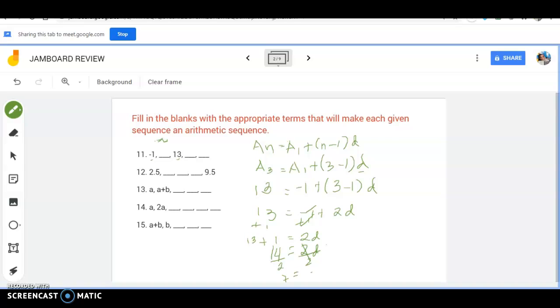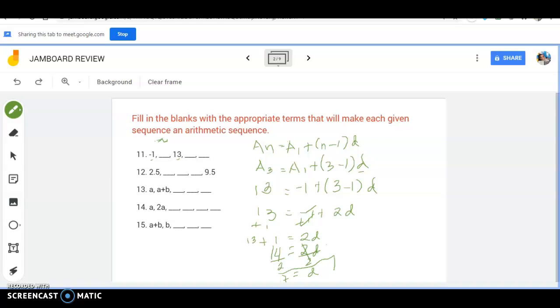Now, since our d has a value, this is the number we add to our first term to get the second term. So, we have now negative 1 plus 7 is equal to? What is negative 1 plus 7? Okay, very good.